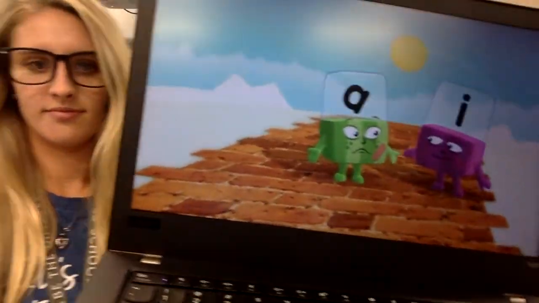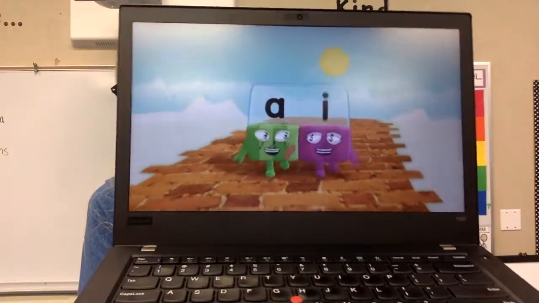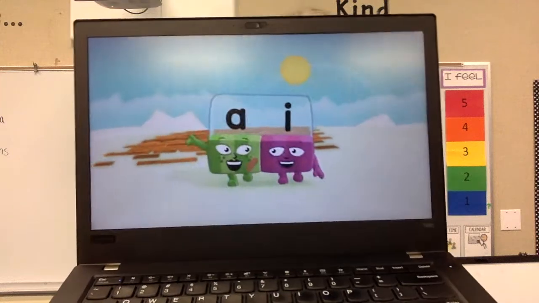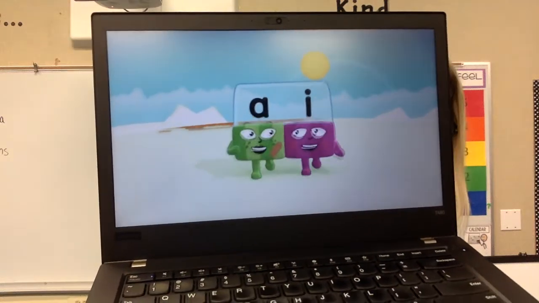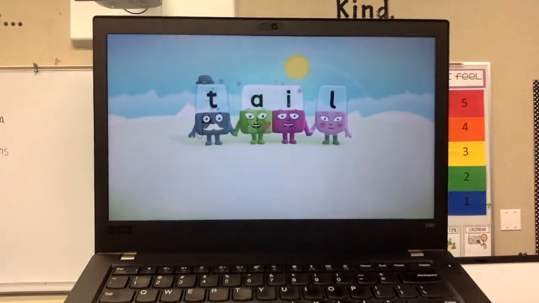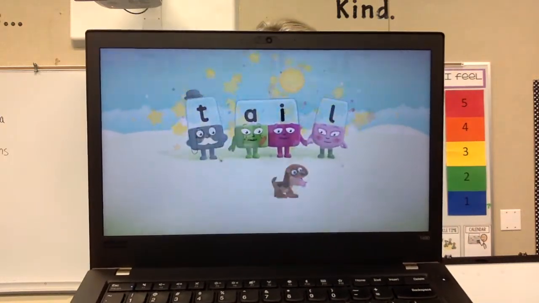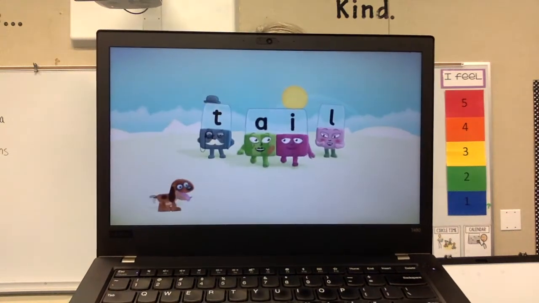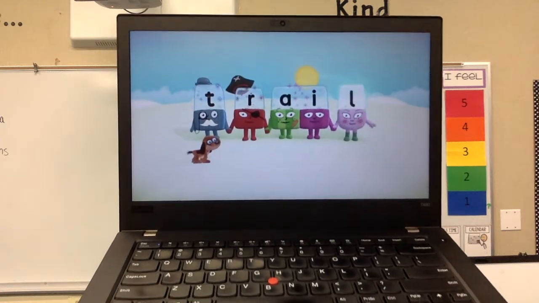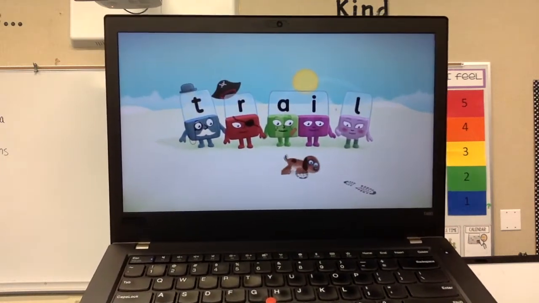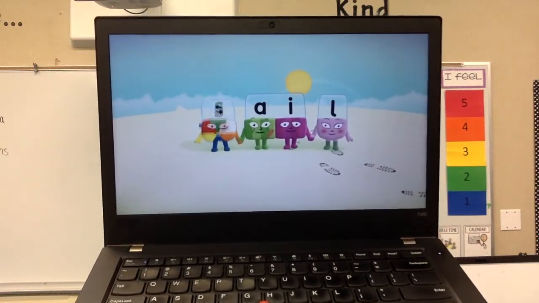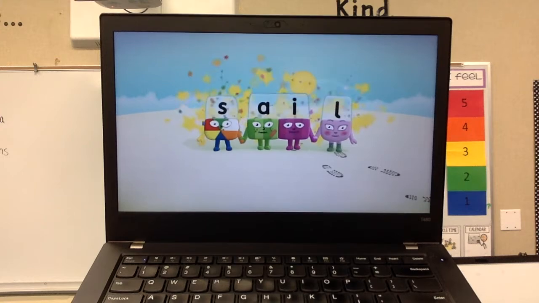What is my name? A. A, A, A, A. I'm happy with I, like a puppy that's wagging its tail. I'm sticking with I, and soon we'll be on the trail. I'm with I, together we're setting sail.